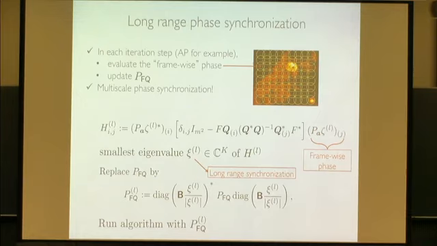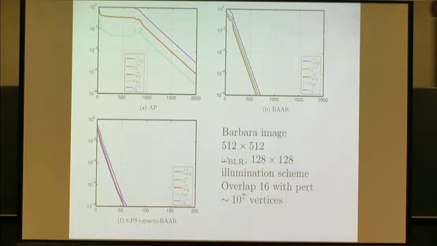So this is a numerical result, which is from the Barbara image. The size is this guy, and there are roughly 10 to the 7 vertices, and the edges are about 10 to the 10. It's actually a small image, and for this, if we run 2,000 iterations on a small desktop with GPU, it only takes 2 minutes. So it's a reasonable scale and can be scaled up because everything is spectral.